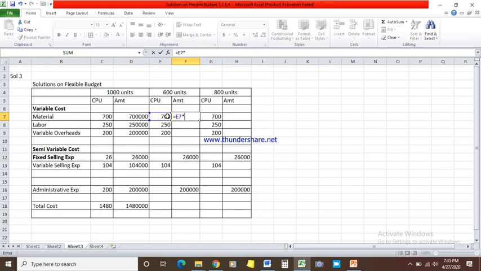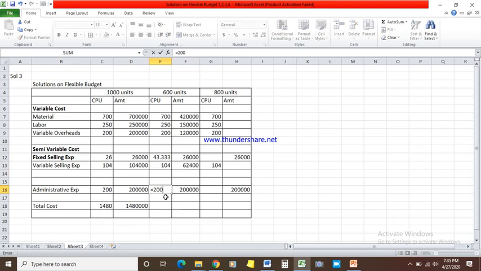So 700 multiplied with 600 units. Accordingly, just tag the formula. 26,000 is the total fixed selling expense, so 26,000 divided by 600 units. 104 multiplied by 600 units.